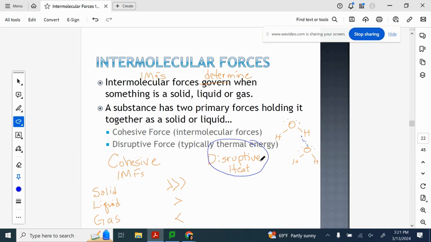Or if I just bring it out in room temperature, it's going to melt, because these disruptive forces are going to be greater than its cohesive force. If, however, I take that same thing and put it in the freezer, I'm removing the heat. So the determination of whether it's a freezing point or a melting point is whether we're adding heat in or removing heat. But it's going to happen at the same temperature.